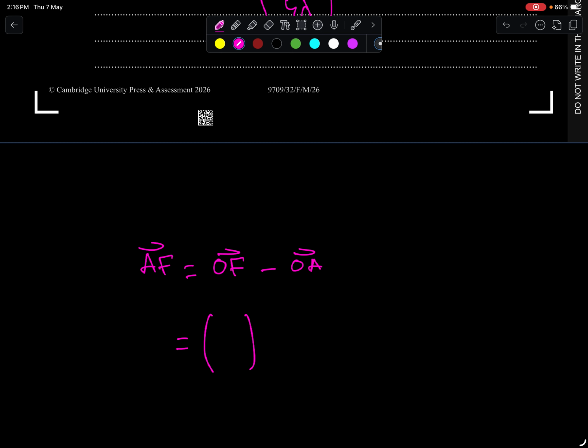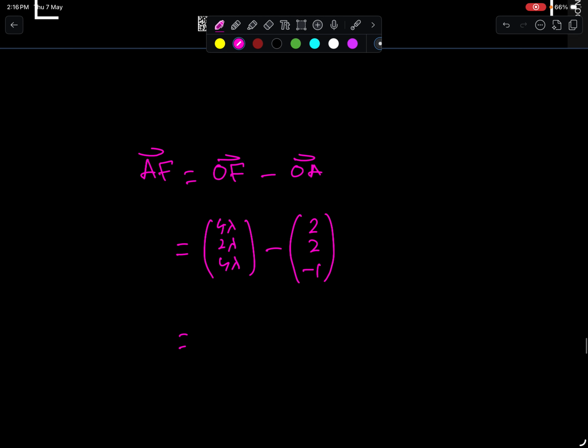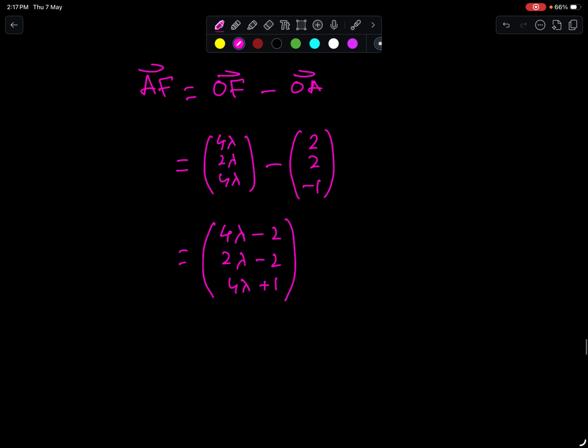So OF, we just found it, was 4 lambda, 2 lambda, 4 lambda, right? OA is 2, 2, minus 1. Now get the simplified form of this: 4 lambda minus 2, 2 lambda minus 2, 4 lambda plus 1. Alright, we have got AF.